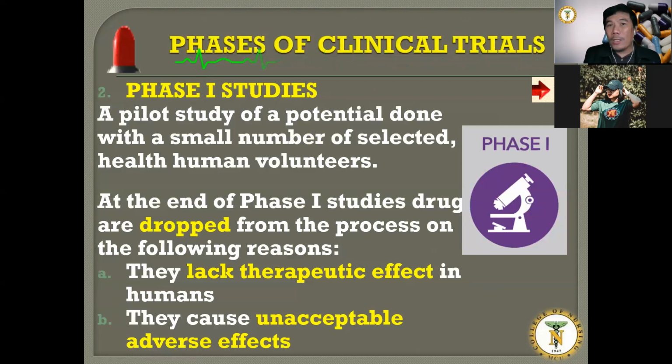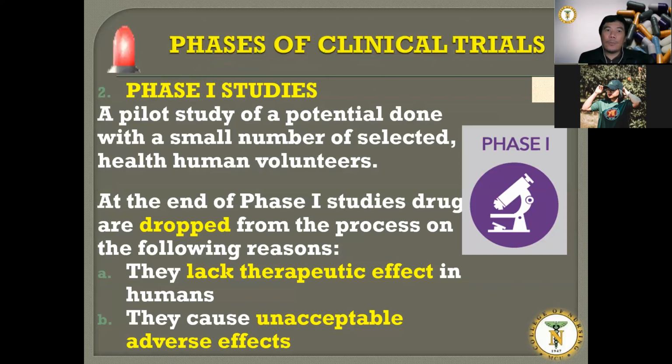But when it comes to phase 1 studies, they will ask for healthy human volunteers, ibig sabihin most of the selected individuals are healthy humans. Unlike phase 2 studies, where they will already select individuals with the identified diagnosis. But phase 1 studies are a pilot study which may select a small number of healthy human individuals.